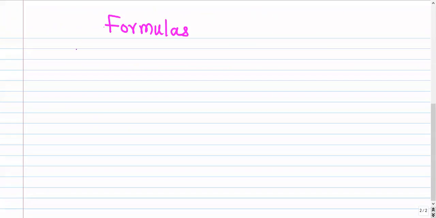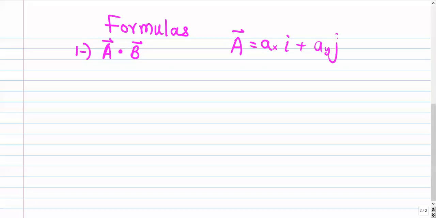The first formula that we're going to learn is how to do the dot product between two vectors, let's say A and B. Let's say our vector A is something like this, and similarly, our vector B is something like this.